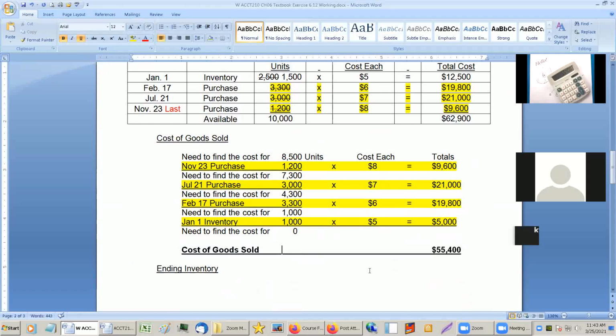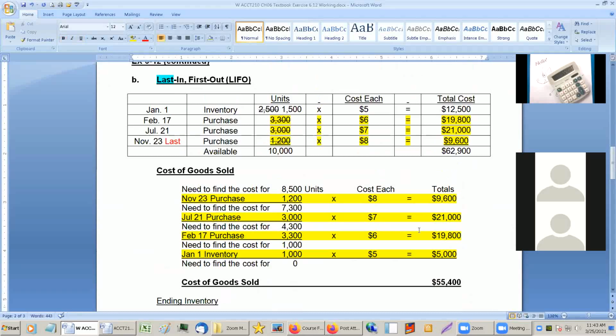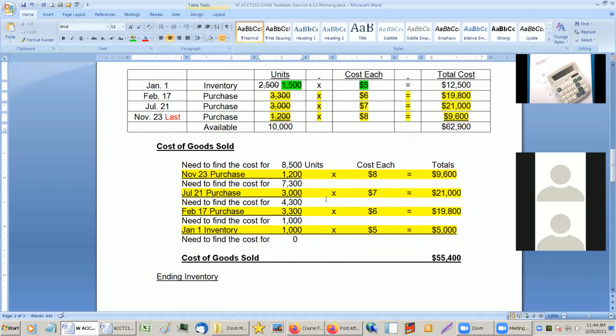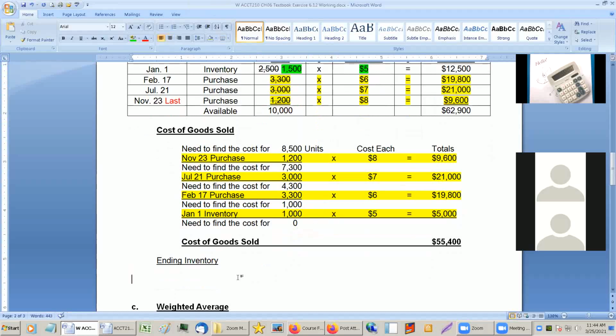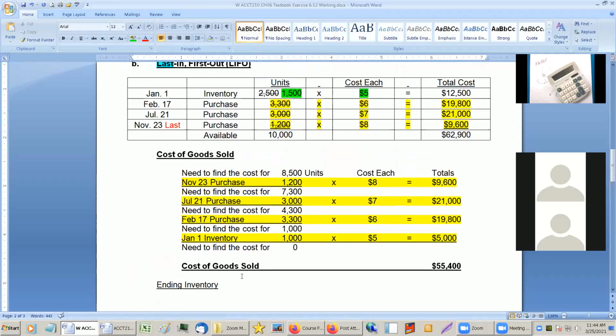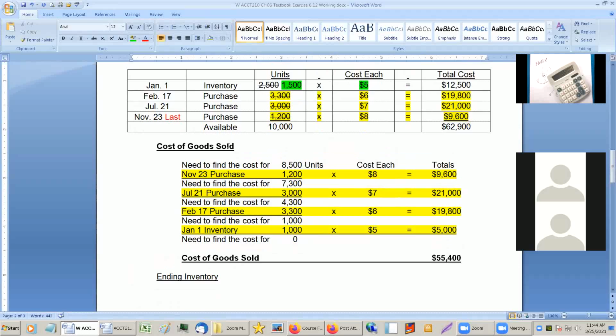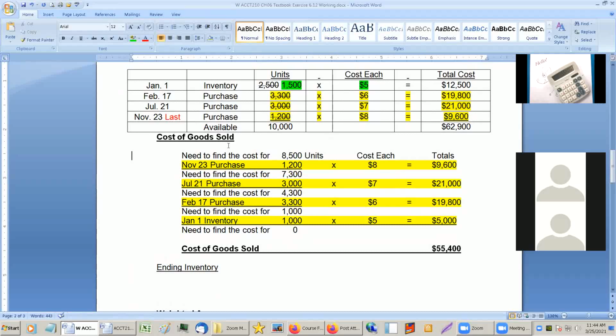Oops. Now the ending inventory is going to be a little bit easier, in that we only have one layer.